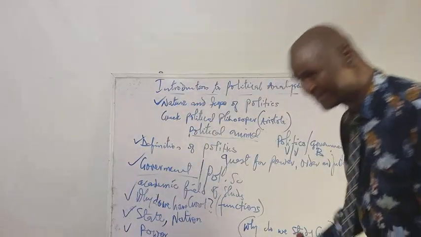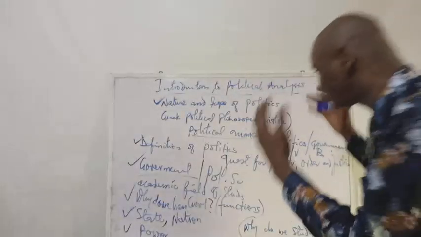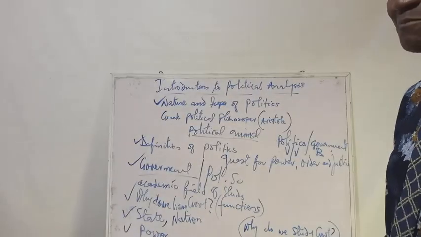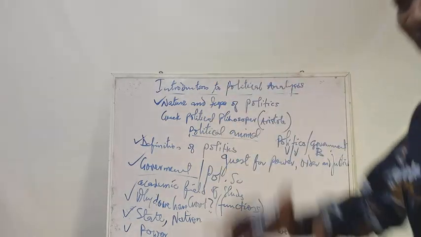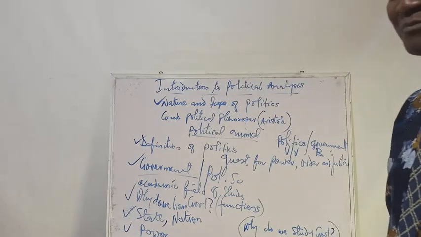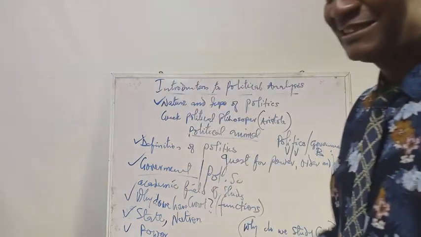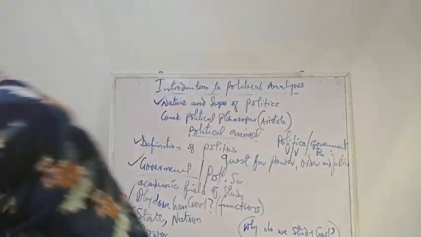And the process through which a leader emerges is what we call politics. As we have already explained, politics is a vehicle that carries the actor, the politician, from the platform to the destination.